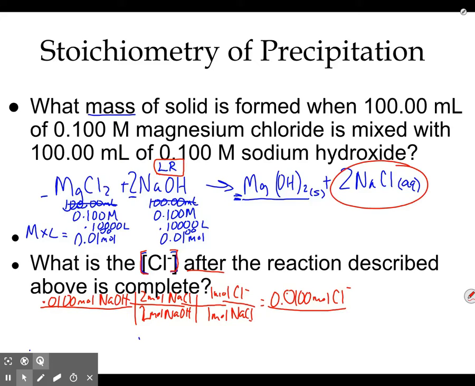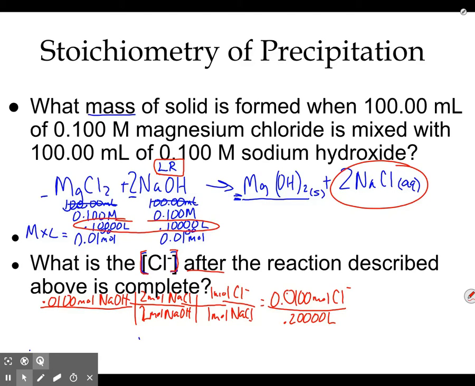So now I don't have 100 milliliters, I have 200 milliliters. I need to divide, because this is after it's been mixed, by my total volume. In this case, it's going to be 0.200 liters because I just add those 2 volumes together.